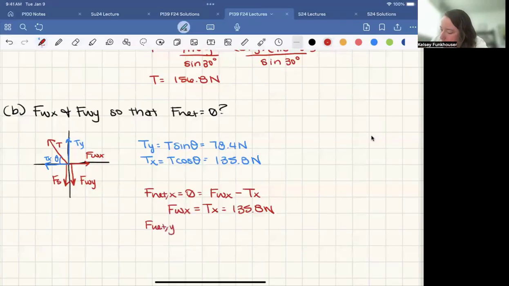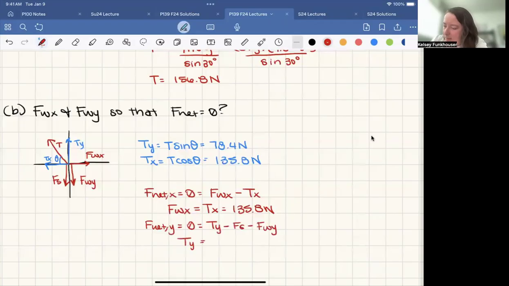F net Y equals 0, and that equals the tension in Y minus the force from the sign and the Y component of the wall force. Yeah, so let's just see what we end up with.